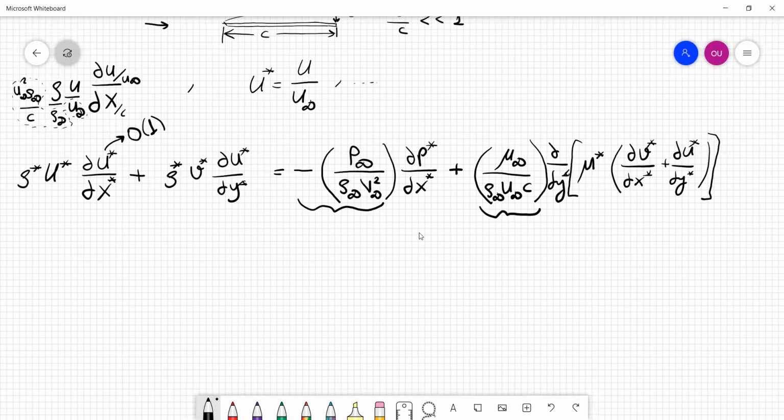Even if your physical velocity is, let's say, 500 meters per second, which is not a number of order 1, it is actually of order 100, even if you're moving at 500 meters per second, this u infinity will also be probably around 500, I mean, within the same order of magnitude of this speed, so 550, 600.